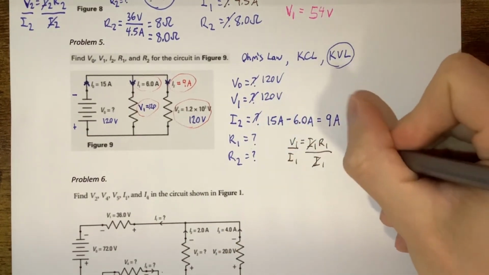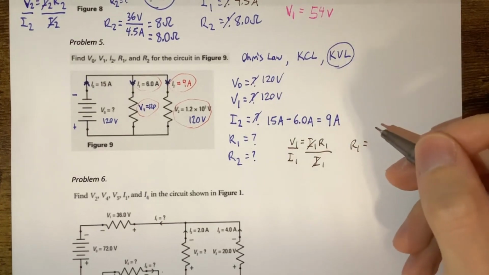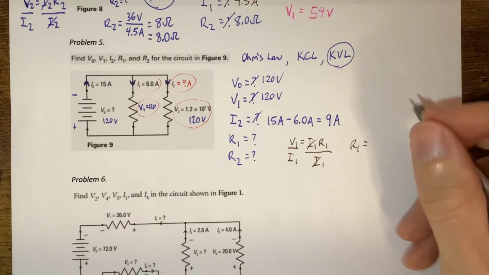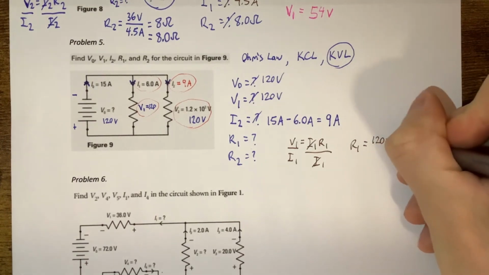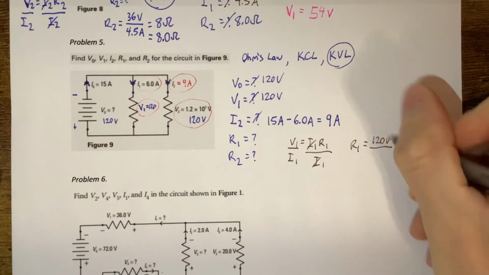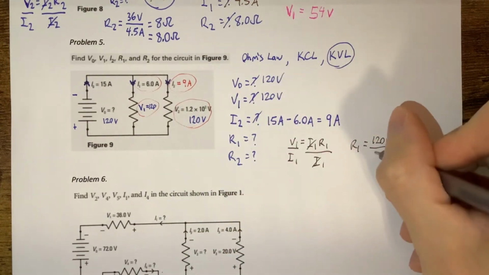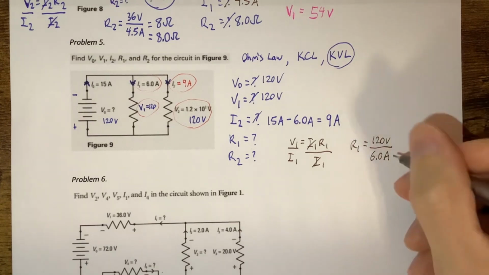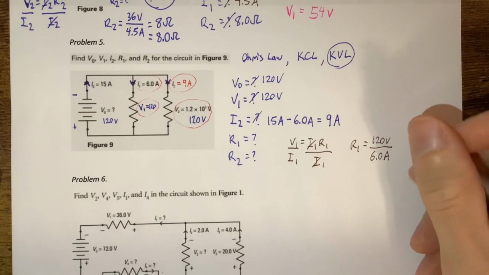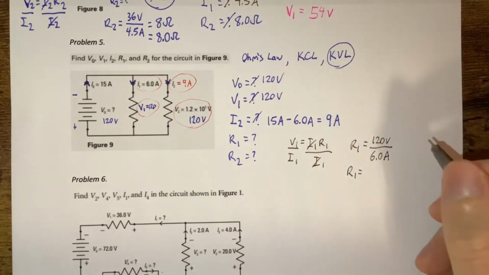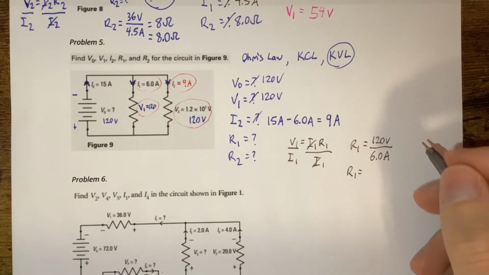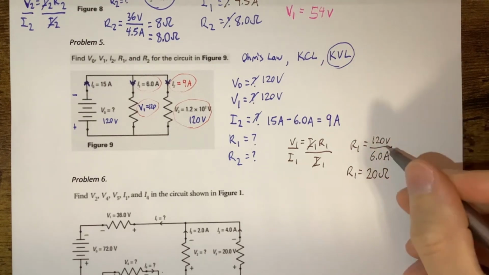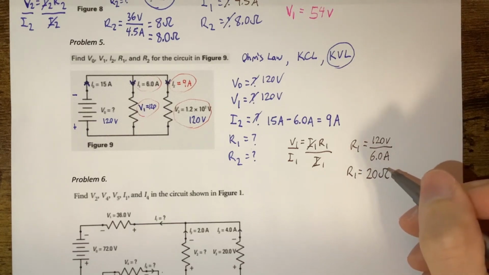R1 is going to be V1 over I1, and our V1 is just that 120 there, over our current, 6.0 amps. So we're looking at 20 ohms for that one. 120 divided by 6 gives 20.